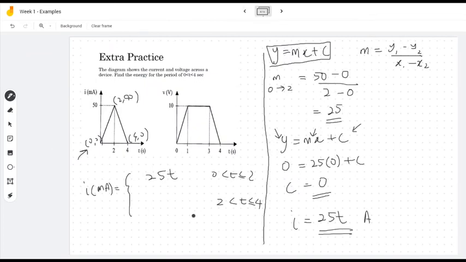So your equation, your I is negative 25t plus 100. I want you to take note on something, okay? The unit here is milliampere. So everything here is actually milliampere. So at the back of your head, you have to remember that.